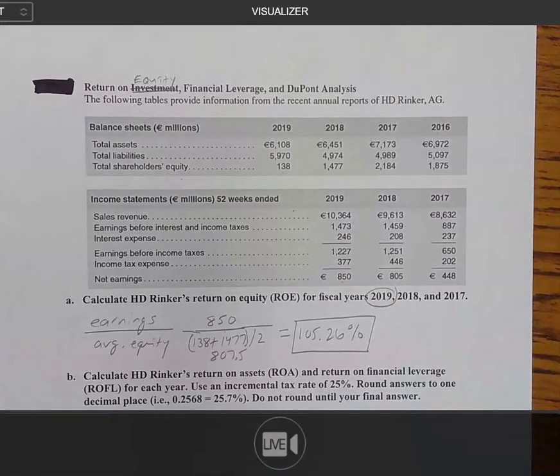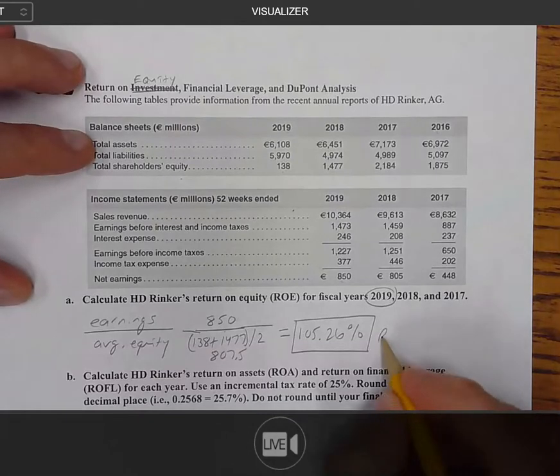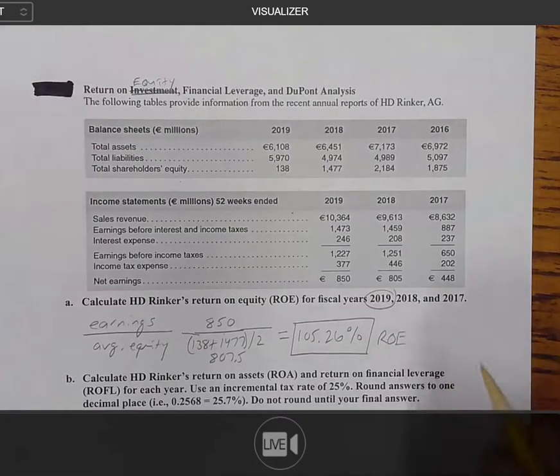We did see some in 2019, but anyway, I just want to point out that the 105.26% for ROE is a bit high, and by a bit I mean really high. That's why it is good to look at these over a period of time, so that we can eliminate outliers like this.